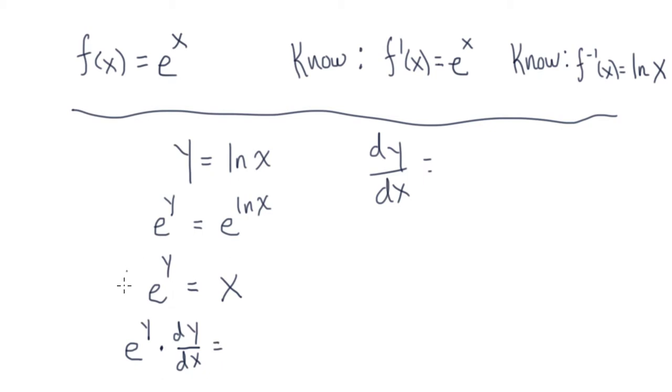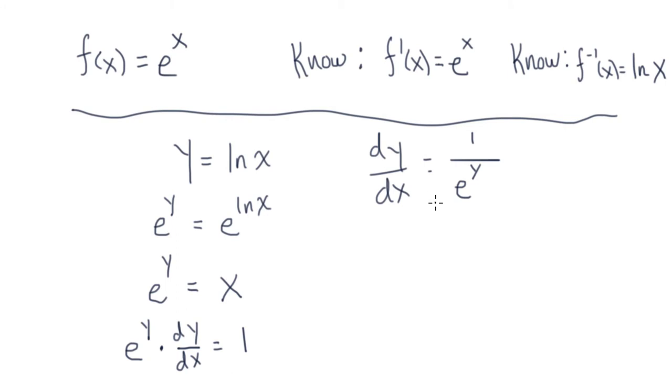Okay, so that's the derivative of the left-hand side with respect to x. And then the derivative of the right-hand side is just 1. So, look at that. dy dx should just be 1 over e to the y. And this actually makes sense. There's no restriction here because e to the y is never 0. So this is the derivative.